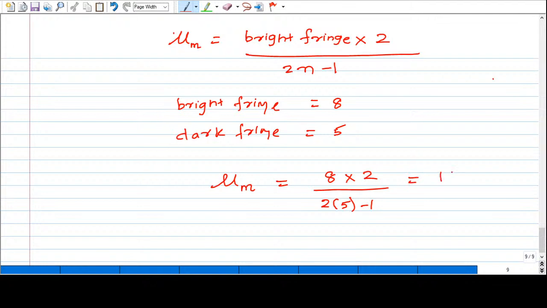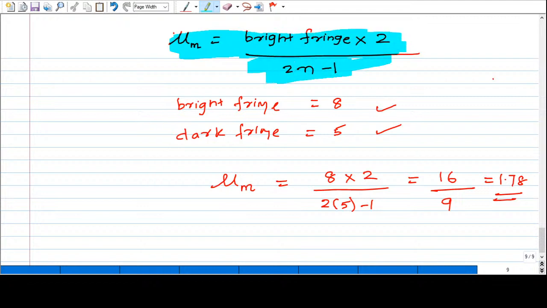This is 2 into 8 is 16, 2 into 5 is 10, by 9. You will get 1.78. So first write down the values of dark fringe and bright fringe and use my cheat code and shortcut formula. This formula is not there in any textbook. This is a formula created by me in order to find the answer immediately with the help of a single formula. So please note down this formula.